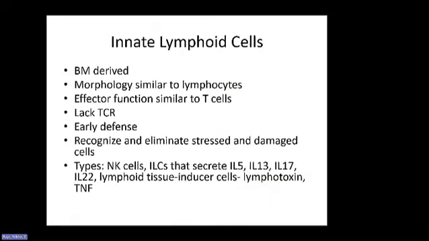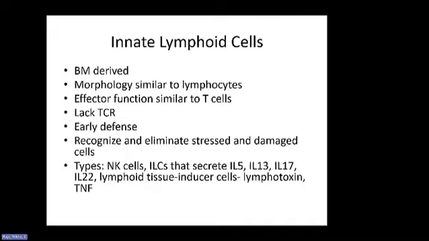All right, so we talked about T and B cells. Another type of lymphoid cell is called innate lymphoid cell, or ILCs. ILCs are derived from bone marrow. They are similar to lymphocytes. Their effector function may be similar to T cells, but they lack the TCR. They do not have TCR on their surface.